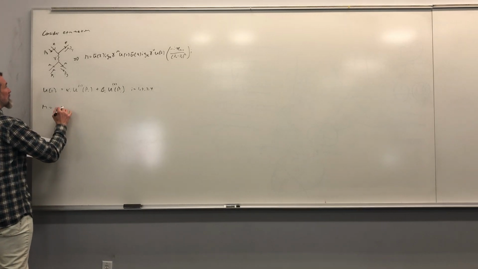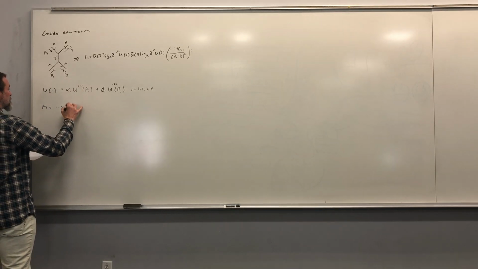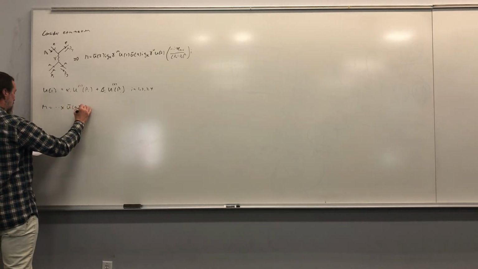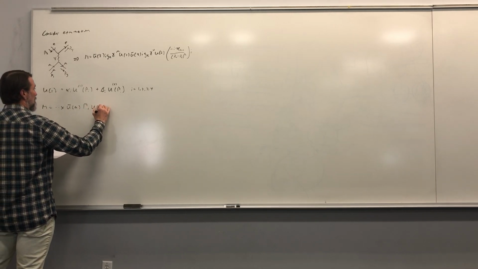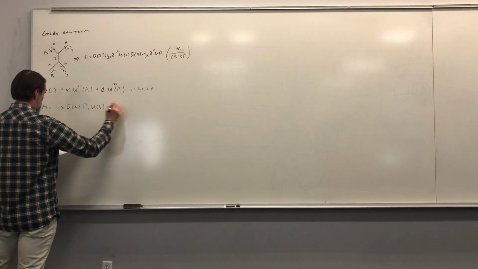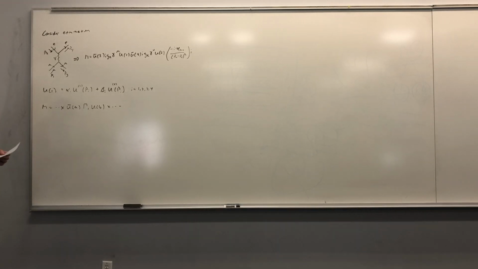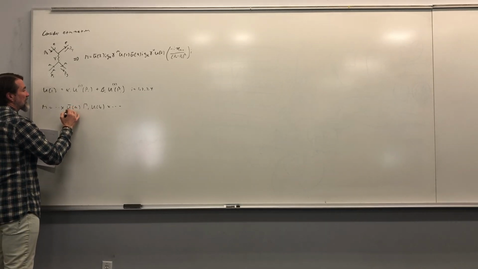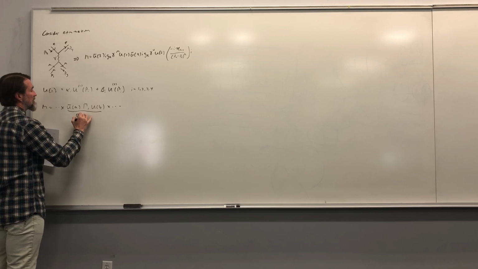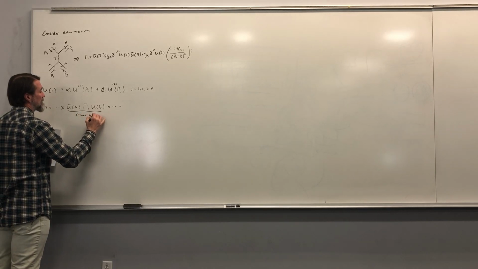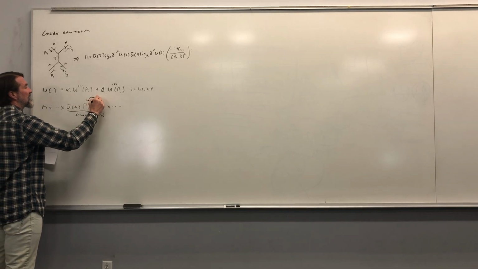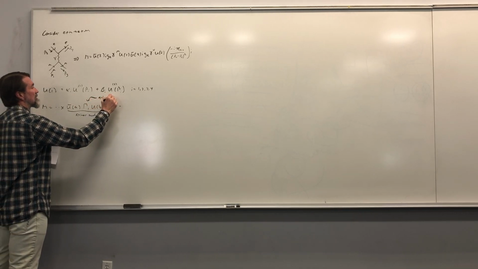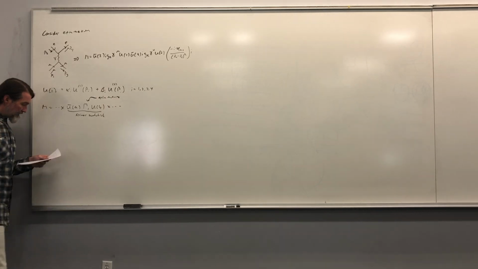Basically, it's going to be a bunch of terms times u bar A gamma 1 u B, times some other stuff. So again, this is a spinor sandwich. This is a spin matrix.